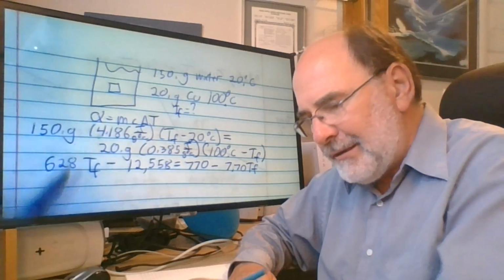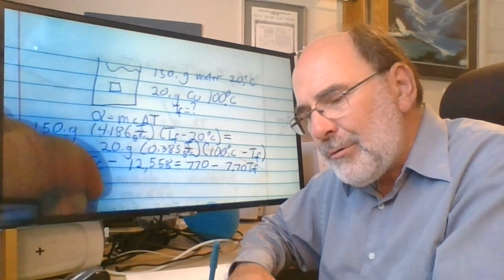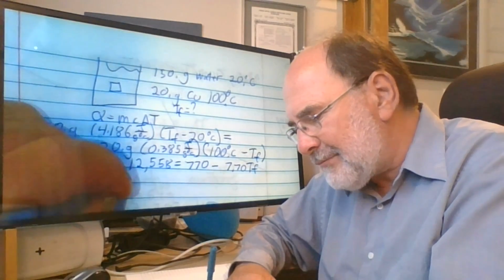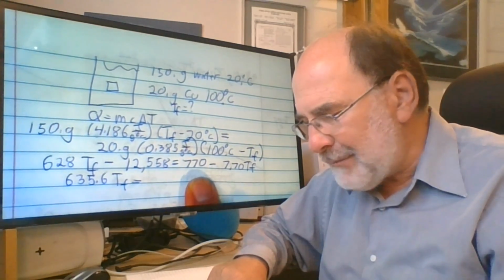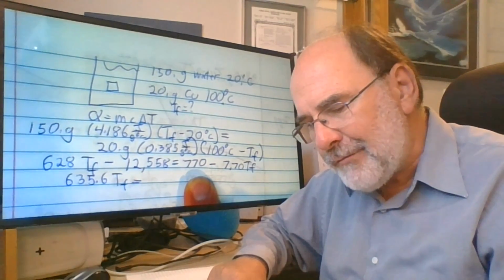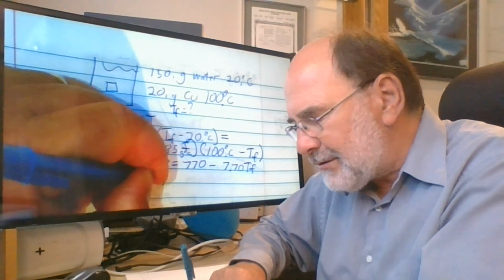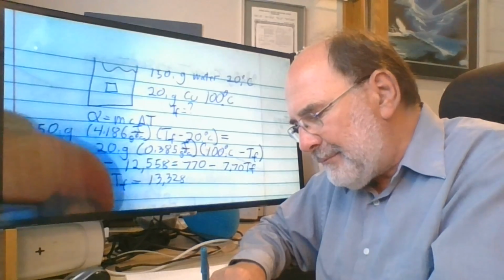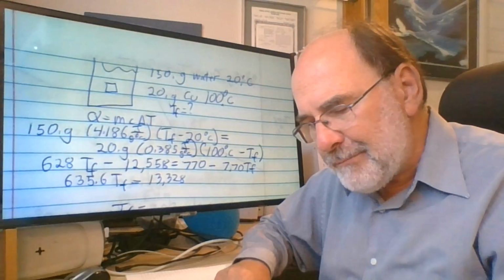So as long as I'm going to do it that well, it says 635.6 times T sub final is equal to, and on the right side, I'm taking 770 and adding to that 12,558, and I get 13,328.